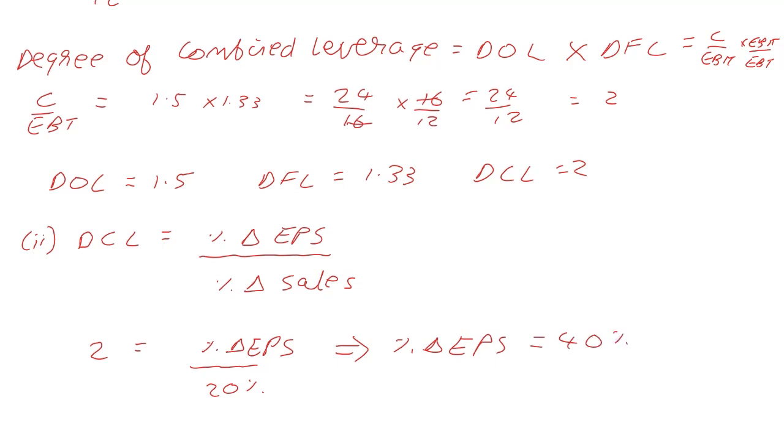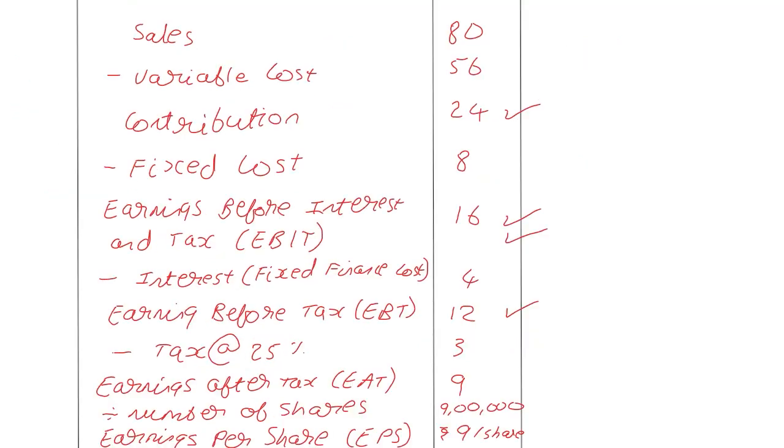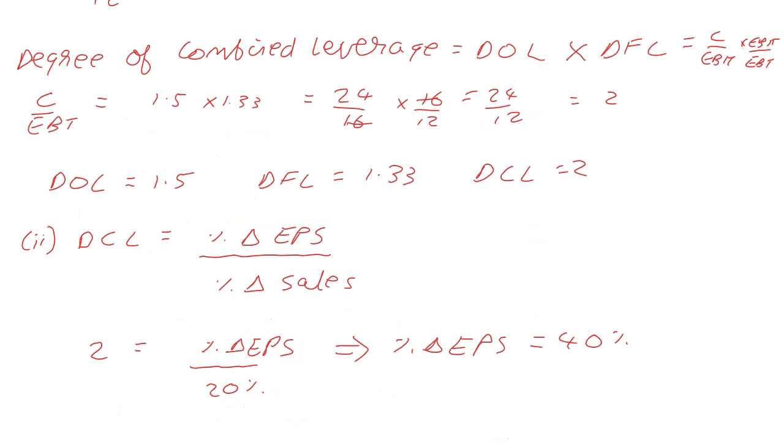Right. So we need to isolate the new EPS, and we have an old EPS. What was the old EPS? It was 9 per share. And if there was an increase in sales by 20%, there'll be an increase in this by 40%. So current EPS is given to us as 9.